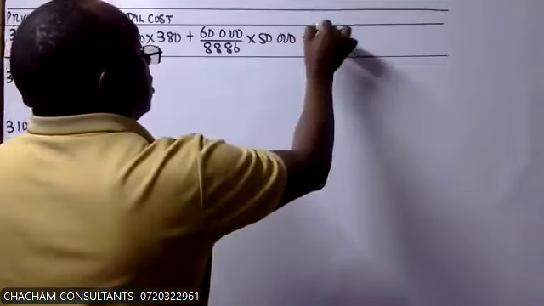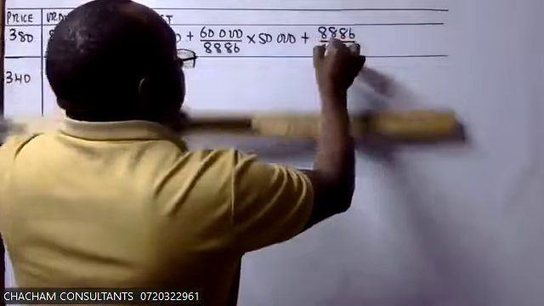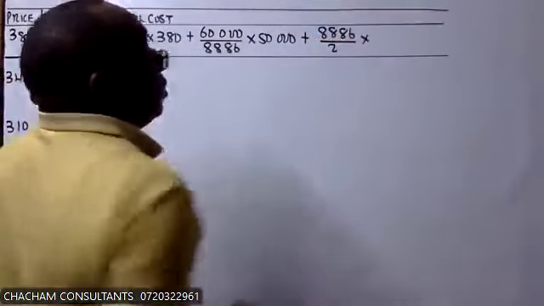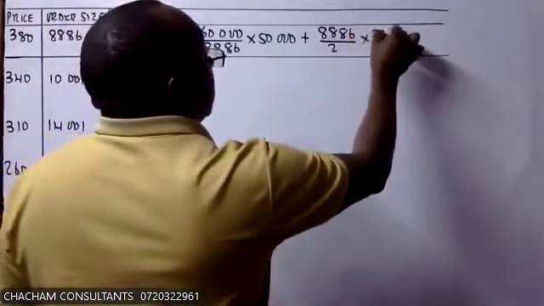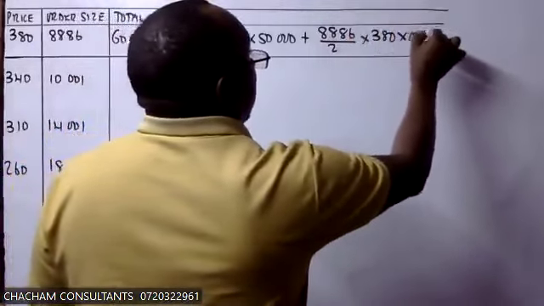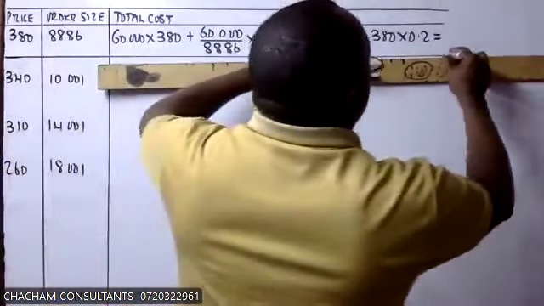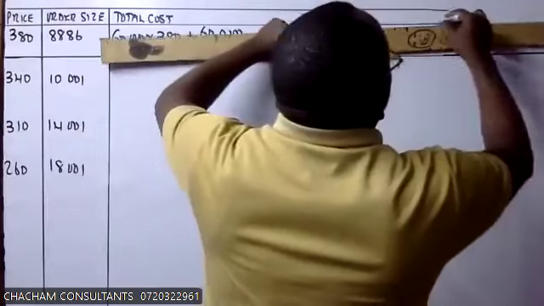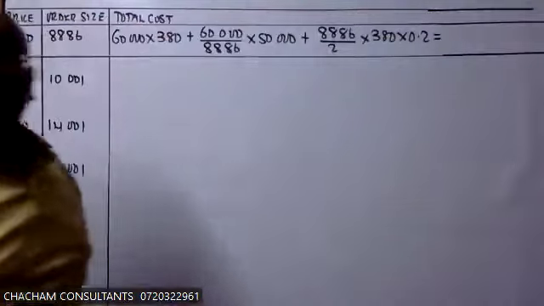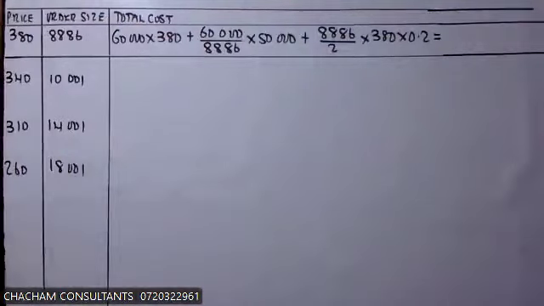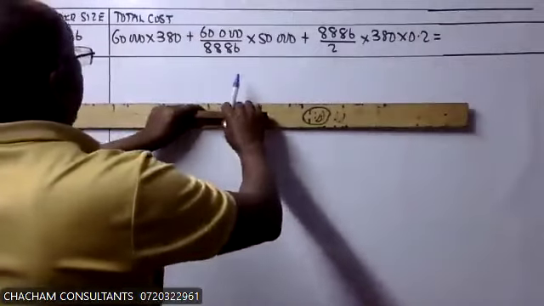Plus, you take the order size, you divide by 2, you multiply by the price, you multiply by the opportunity cost percentage. So work out that and get your answer.